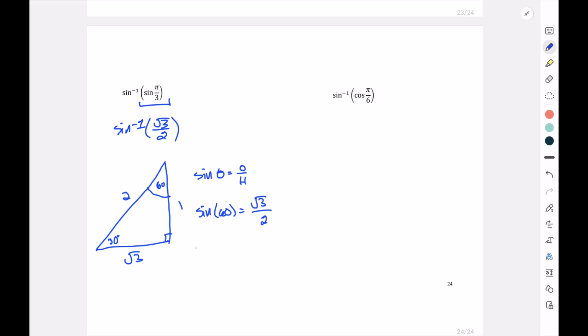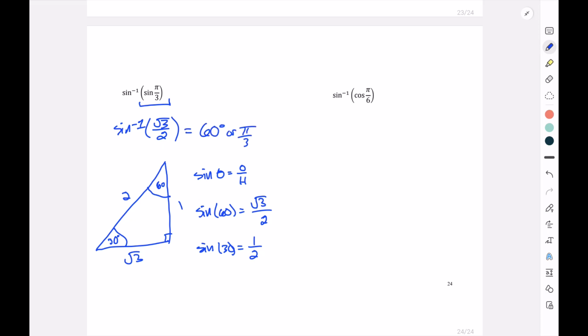And if we decide to look at the 30 degrees, we get the opposite 1 over hypotenuse 2, so we'd get 1/2. And so in order to get the square root 3 over 2, we would need the 60 degrees, and so that would be our answer.